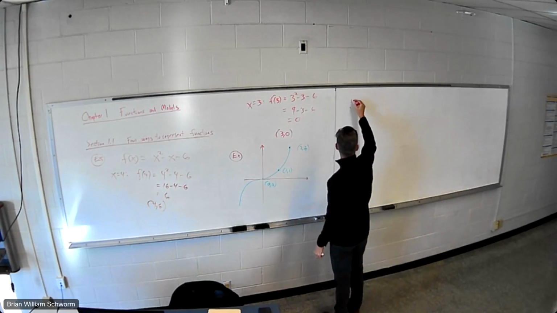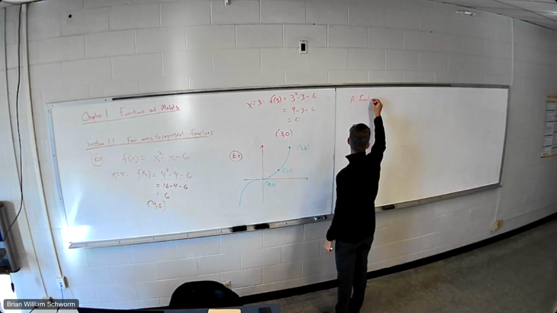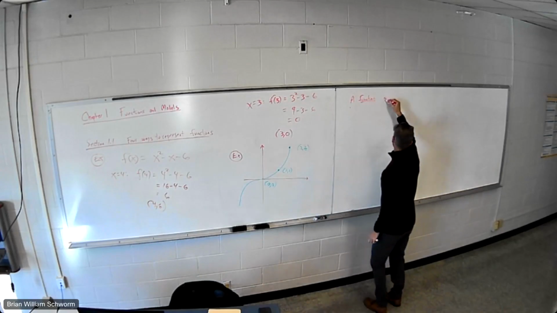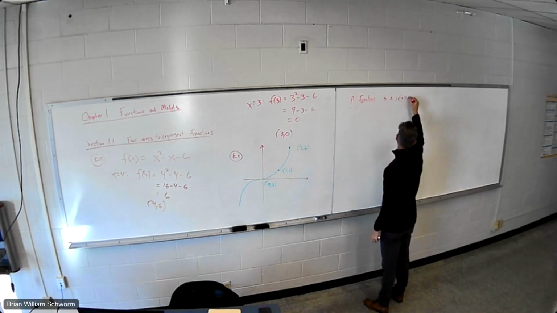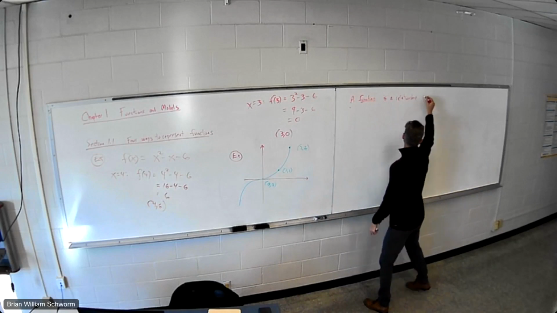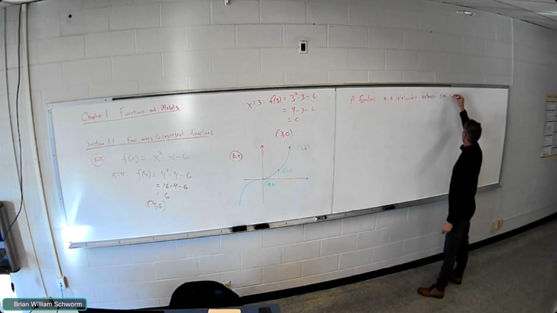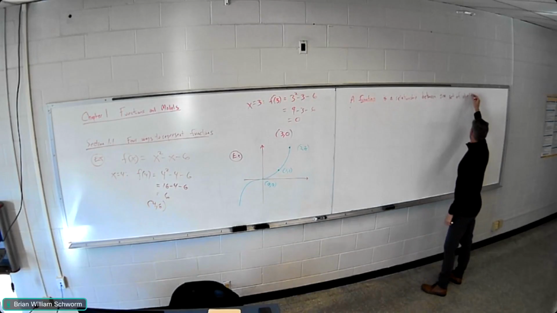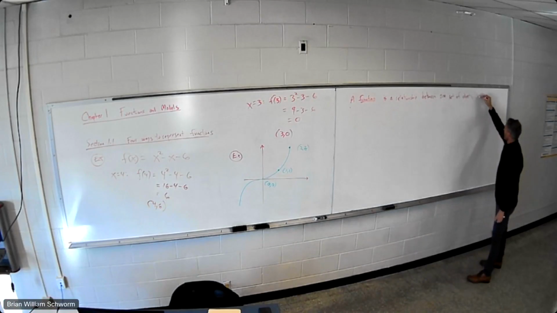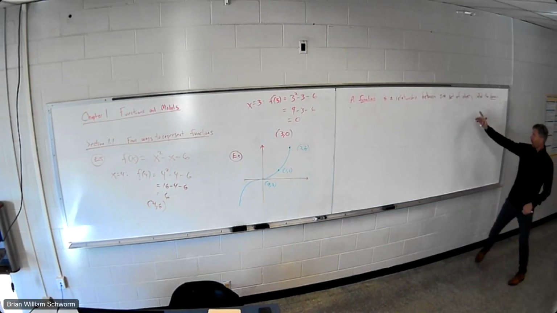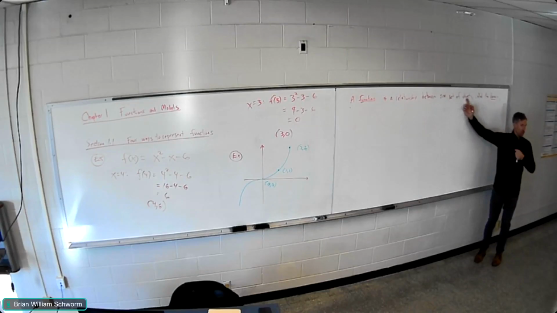Here's the official definition. A function is a relationship between one set of objects called the domain, of course, the objects usually are numbers.